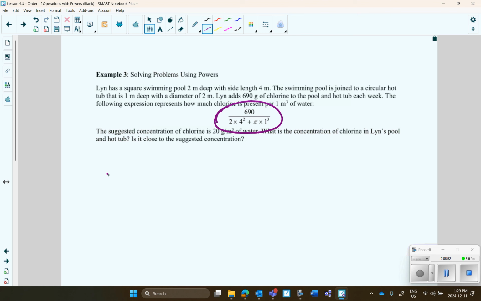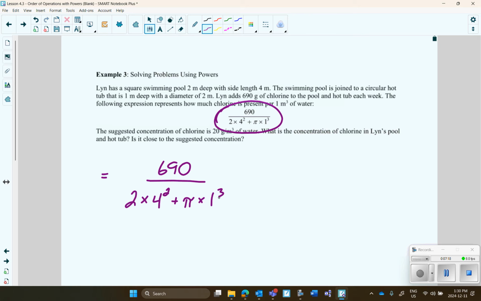Now remember, the one thing you got to remember here, I'm just going to rewrite this. Whenever you have a division bar like this, what that means is you're going to do everything up top first, everything on the bottom, and divide at the end.